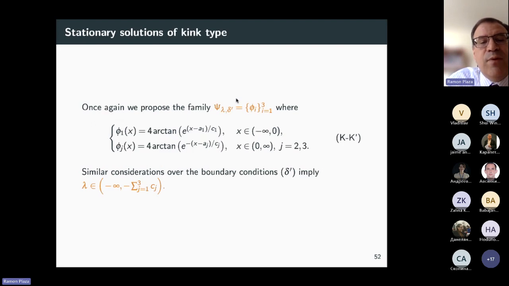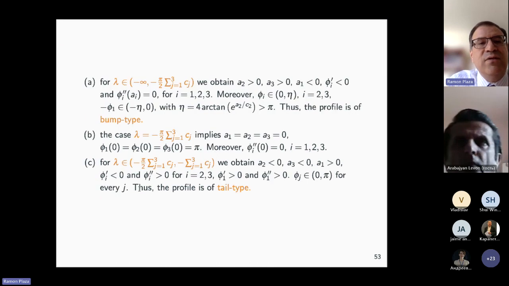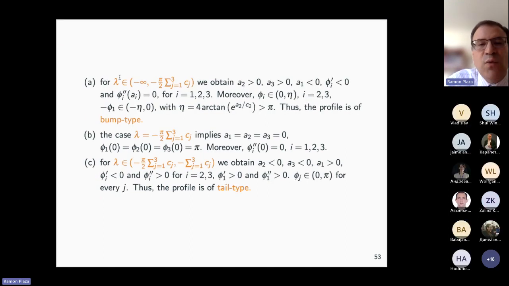And again, you propose families of kink profiles or anti-kink profiles. Again, everything will depend on the value of the physical parameter lambda. Lambda in this case will belong to minus infinity to minus the sum of the speeds. And depending on the location of lambda, you will have 3 different configurations.